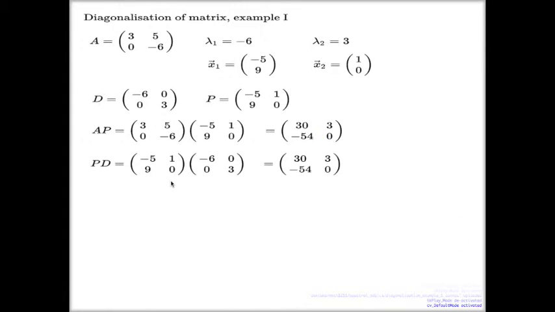Remember the other efficiency which we discussed with you on Thursday? When you multiply something by a diagonal from the right-hand side, all you need to do is scale the columns by the diagonal entries. So I need to scale this column by negative 6, and I need to scale this column by 3. That's the way you do multiplications when one of the factors is a diagonal matrix.